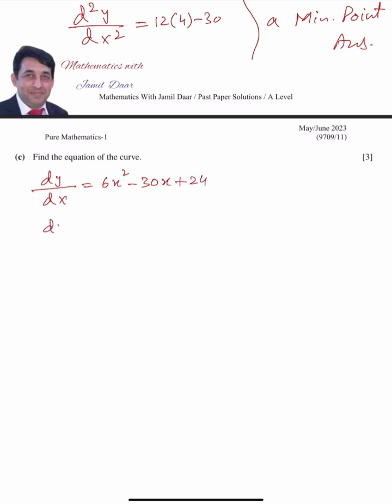So bring dx on the other side. So this will become (6x square minus 30x plus 24) dx.